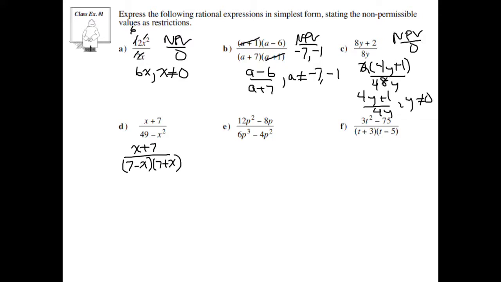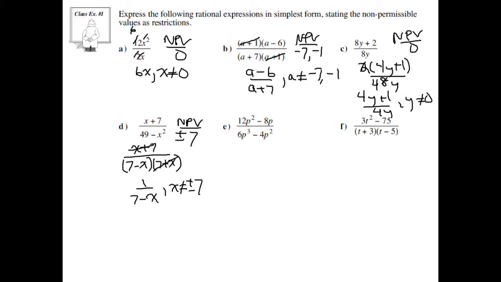Now that I have it in fully factored form, I can state my non-permissible values as being either plus or minus 7. 7 plus x, x plus 7, they're the same thing, so they cancel each other out, which leaves me with 1 over 7 minus x, and x cannot equal plus or minus 7.